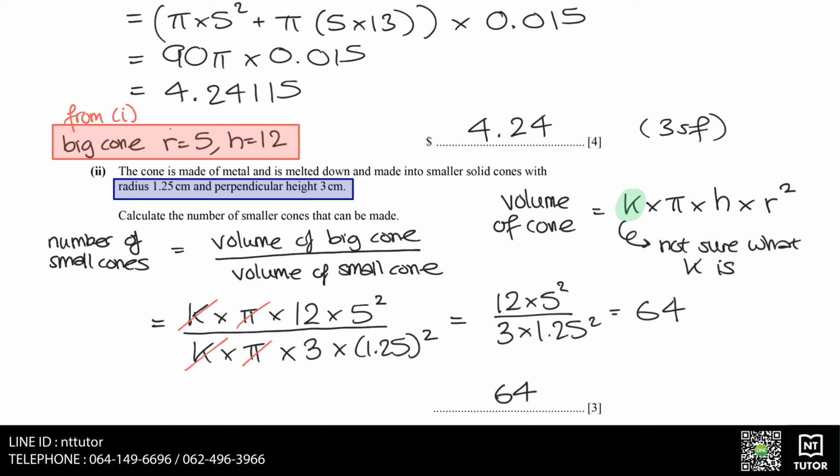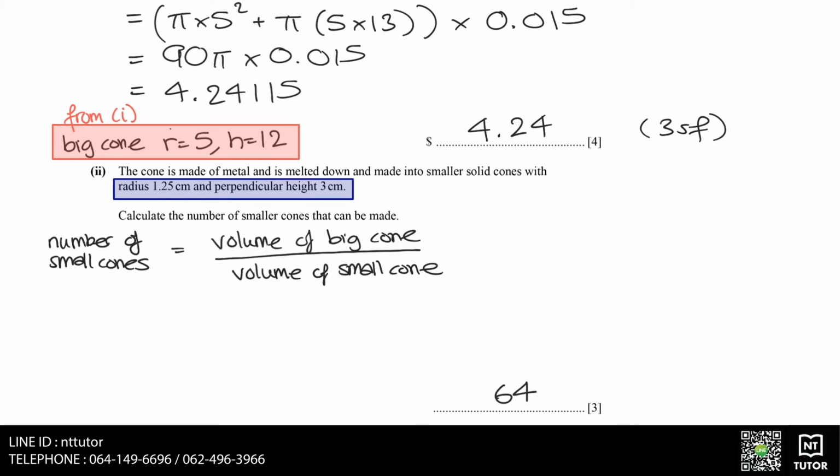There's also another method you could use to do this question. Sometimes with geometry, when you've gone through all your options, don't forget that scale factors also work.